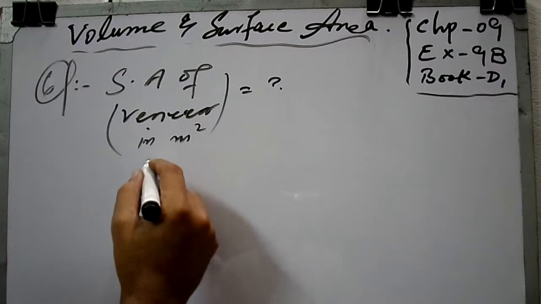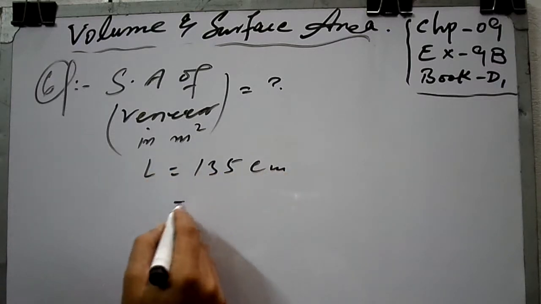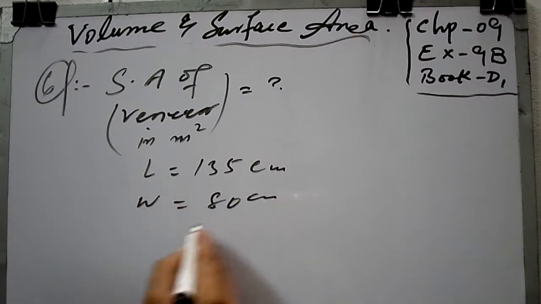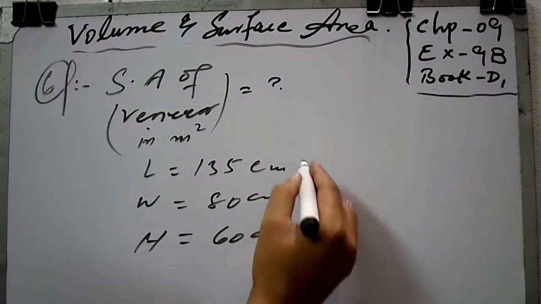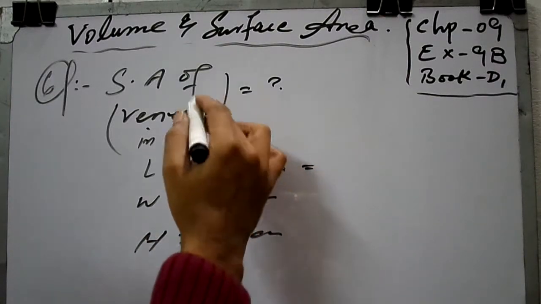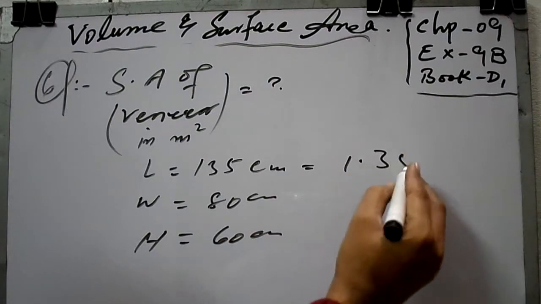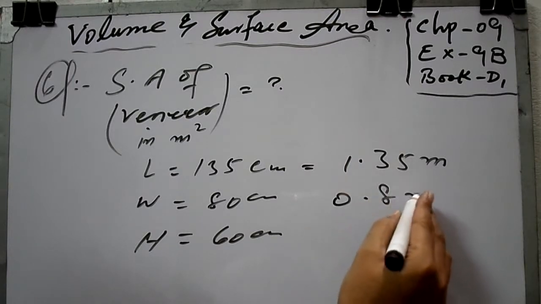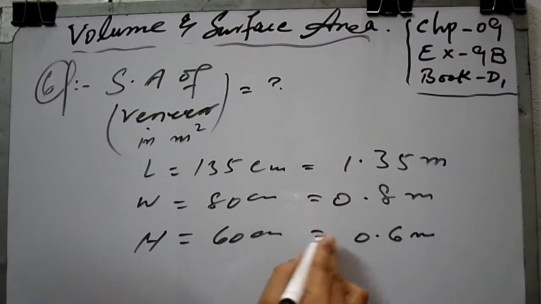The length is given to us, that is 135 centimeter. Width is 80 centimeter, while 60 centimeter is your height, but it should be converted into meters, because we have been asked to give the answer in meter square. So that's why it is 1.35 meter, 0.8 meter and 0.6 meter. So we have converted by dividing by 100.